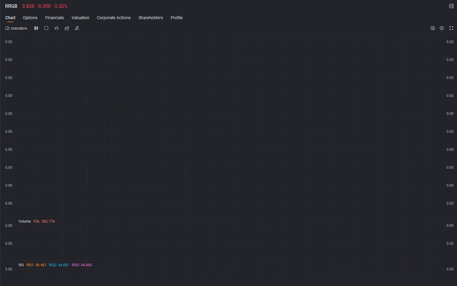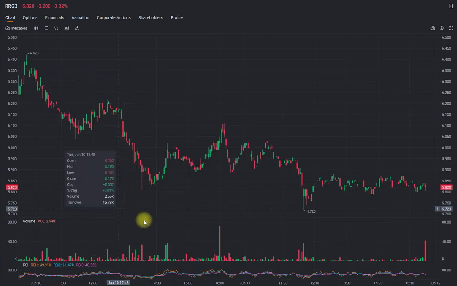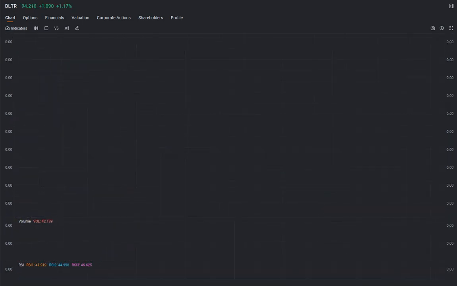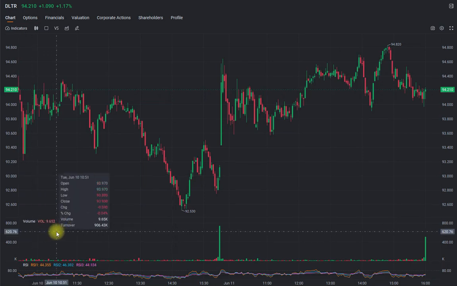Red Robin, okay. Also downtrend. $3. Okay, let's take a look. Perfect. $3. One day it's down, the second day it's up. Liquidity is very good. It's a $90 stock. You can trade it long and short, no problem.